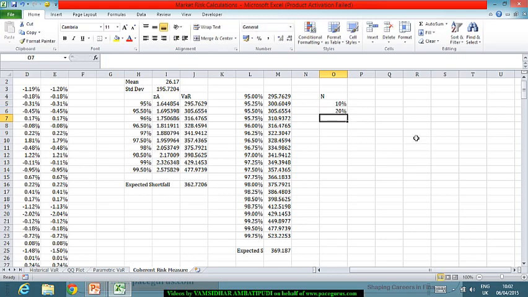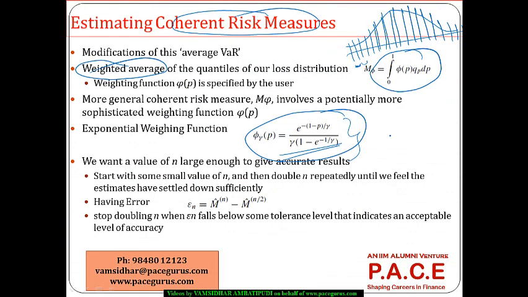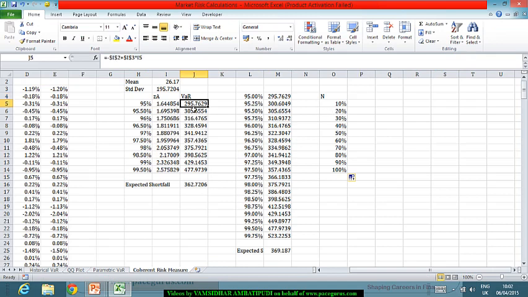So what are the numbers? 10%, 20%, I can go up to 100%. These are the slices. Now, corresponding to each slice, I can compute my value at risk, and at the same time I can find out the weightage. Just like the way we have done in this one only for the tail, rather than that I am trying to find it across.